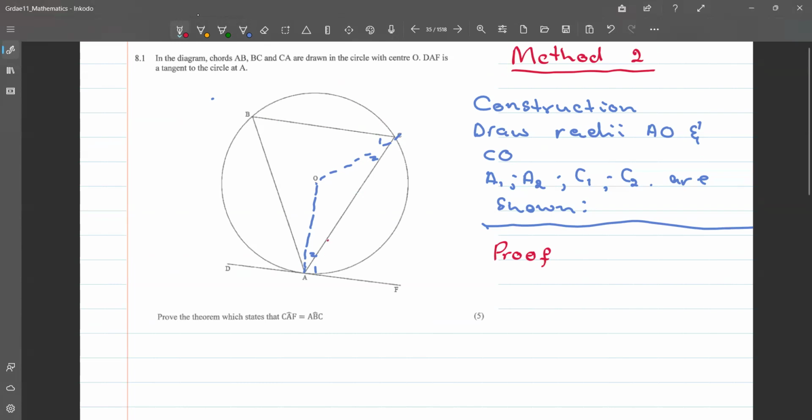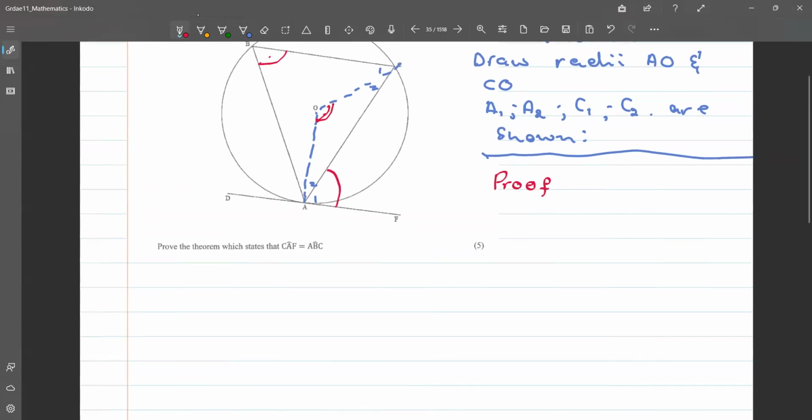So we want to show that this angle equals that angle. This angle here is the angle at the center, and that one is the angle at the circumference. Again, this angle is inside a triangle. Can you see that? It's the third angle in this triangle AOC, right?